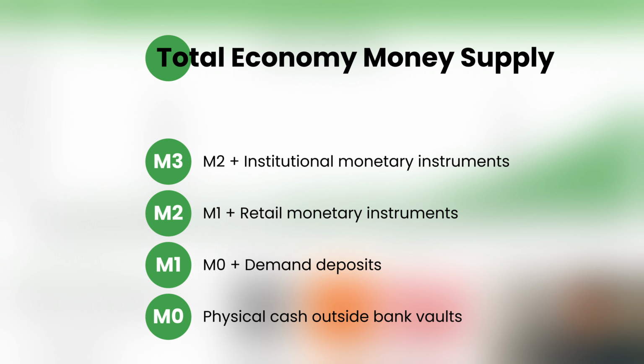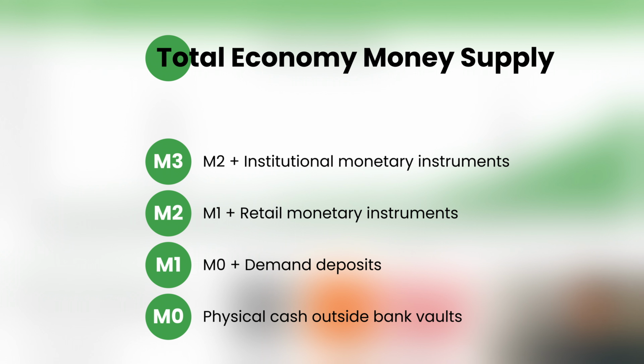But as I said before, I do think that's not completely an accurate statement, because there are plenty of instruments in M2 and M3, which we'll talk about, which are very, very liquid, and are counted in those higher monetary stacks, those higher M curves.